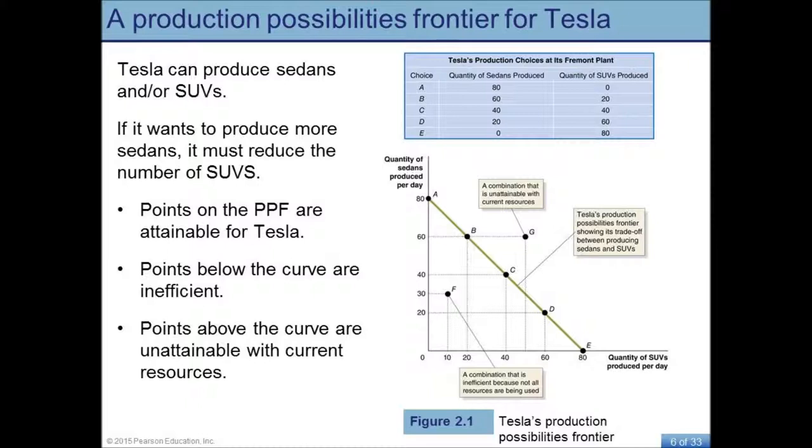I could be making probably about 30 sedans and maybe 50 SUVs. So I am underutilizing my resources and technology, and so that is an inefficient point, which is very different from point G, which is a point we just can't reach at all.